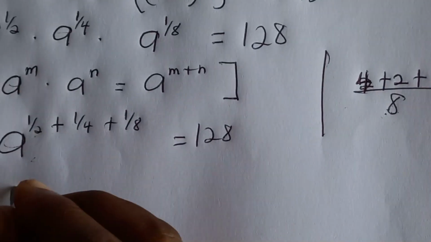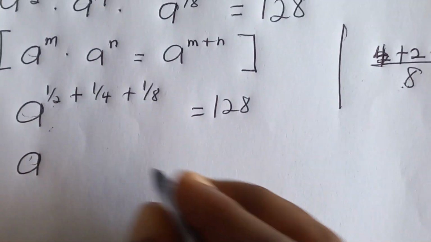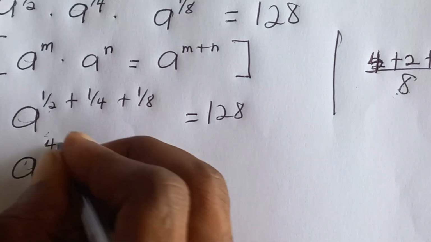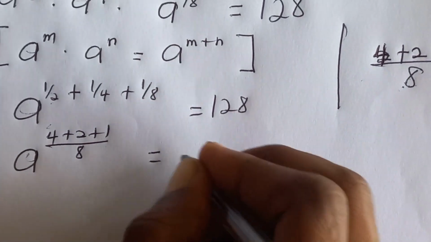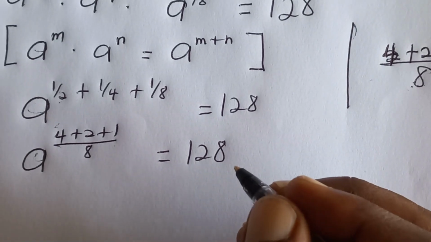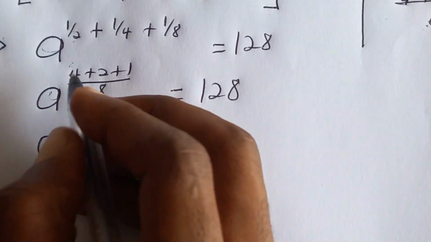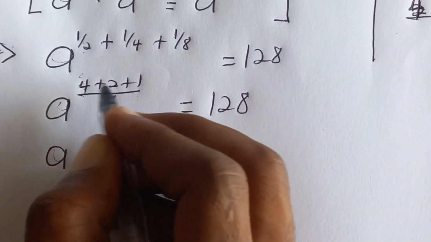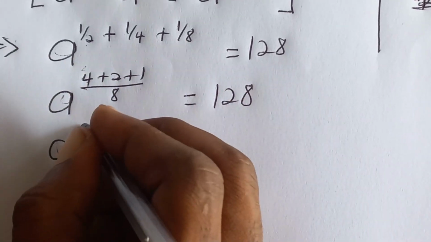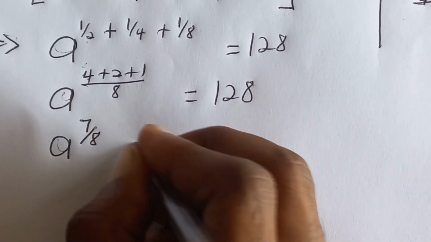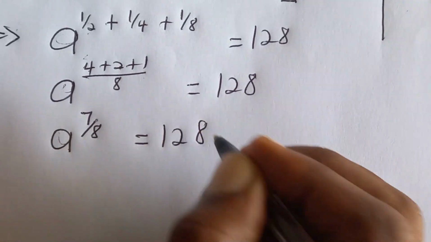So we are going to get A exponent 4 plus 2 plus 1 all over 8, which is equal to 128. So 4 plus 2 is 6, plus 1 is 7. So we are getting A exponent 7 on 8, which is equal to 128.